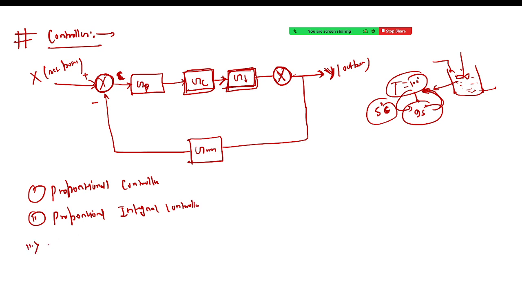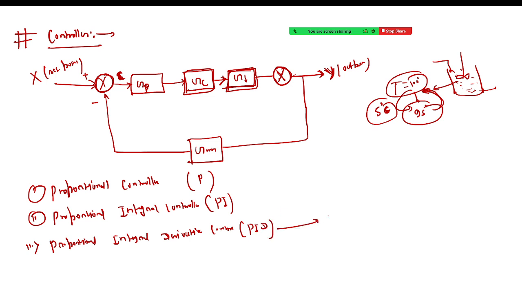And third one is the derivative controller. That one is P only, that is PI, and that one is PID. So if I talk about PID, it will be made of proportional, integral, and derivative controller. So it depends upon the use.